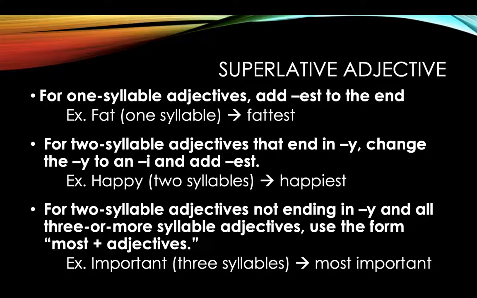Okay, so it's very similar to the comparative rules, right? Instead of adding ER, we're adding EST. Now for the two syllable adjectives not ending in Y and all three or more syllable adjectives, use the form most plus adjective. So again, we have important, which is three syllables, becomes most important.